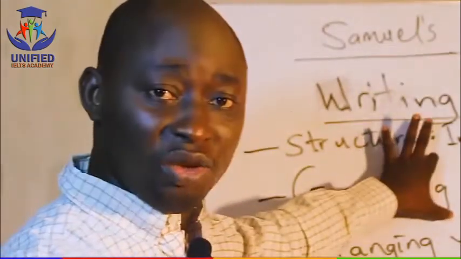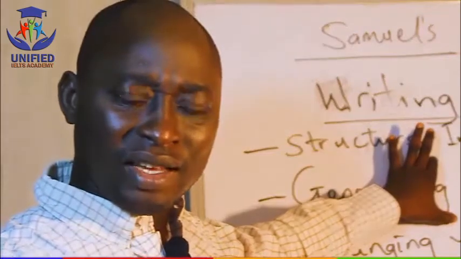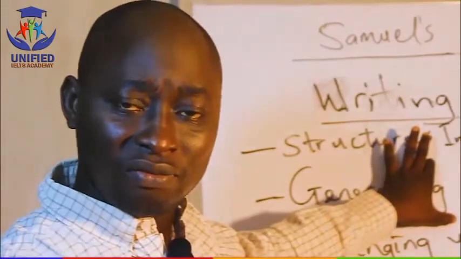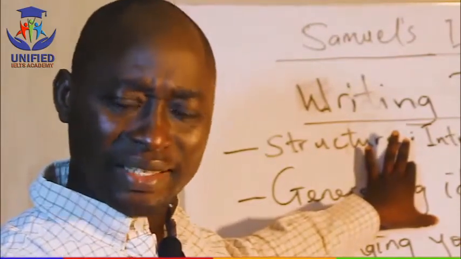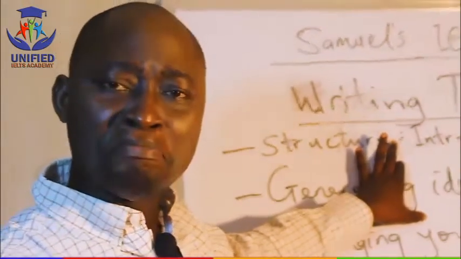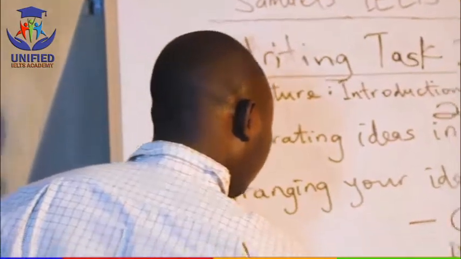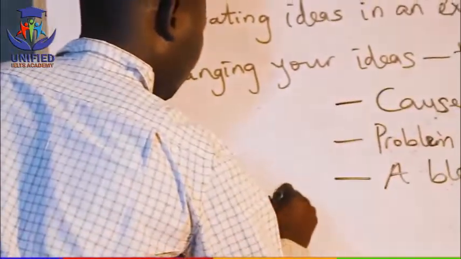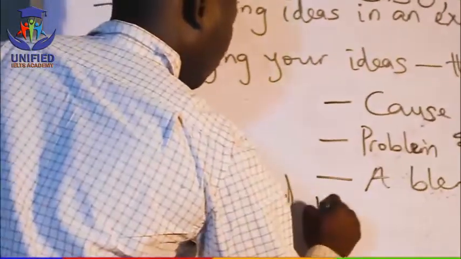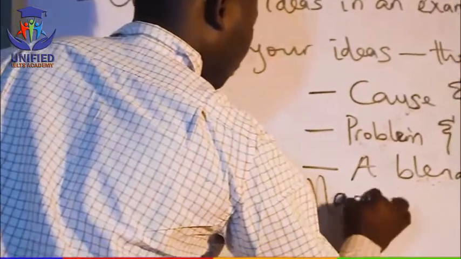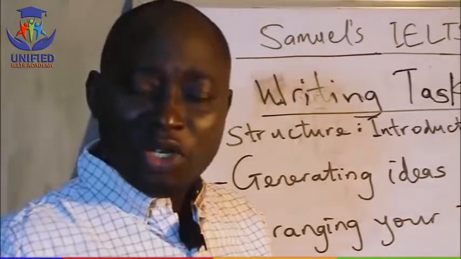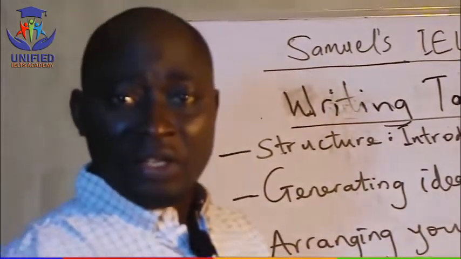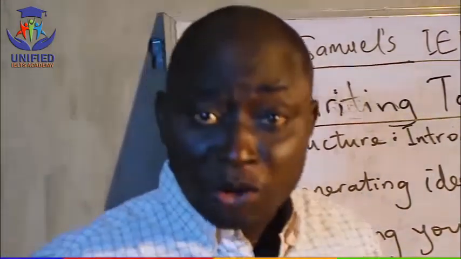In this situation, when you come across any question in an exam condition, what are you expected to do? I call it mind mapping. Your mind, then the map. You map your mind. How do you map your mind? For example, you have a topic around agriculture.